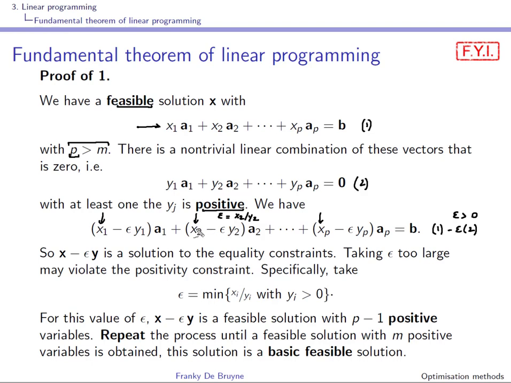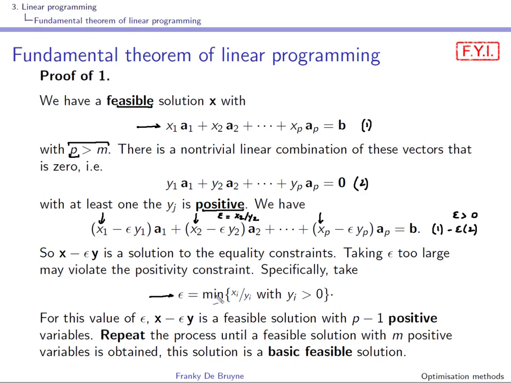Okay, you have to pay attention, because maybe there is more than one y_j that is positive. So what you'll do is take the first epsilon that makes sure that there is a coefficient that becomes 0 over here, and that's this epsilon.